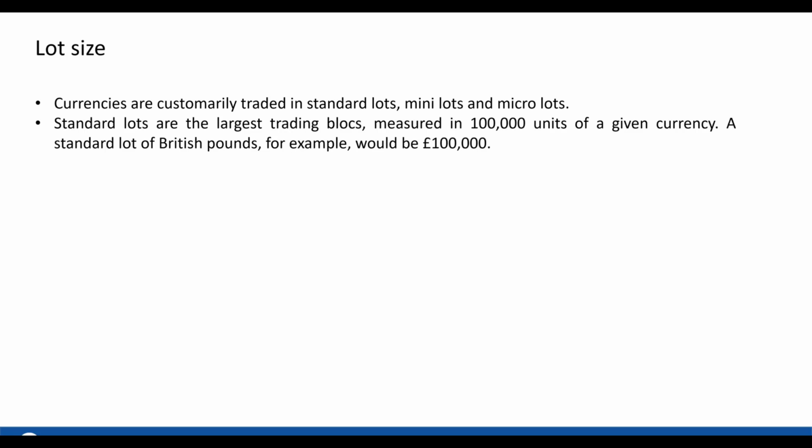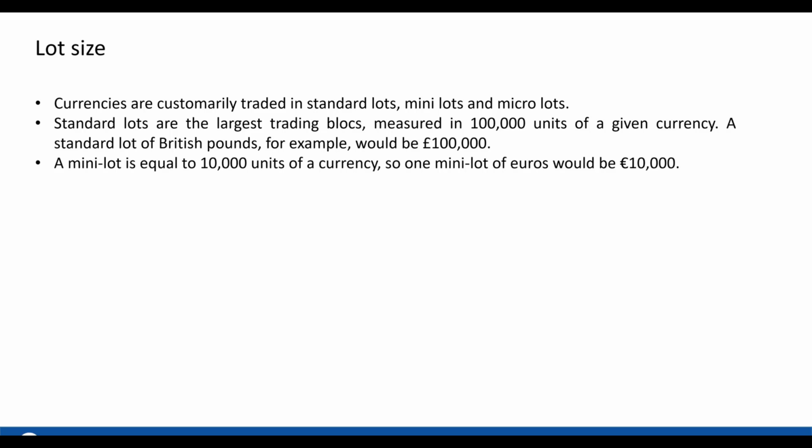Lot size. Currencies are traded in standard lots, mini lots, and micro lots. Standard lots are the largest trading blocks, measured in 100,000 units of a given currency. A standard lot of British pounds, for example, would be 100,000 pounds. A mini lot is equal to 10,000 units of a currency, so 1 mini lot of euros would be 10,000 euros.